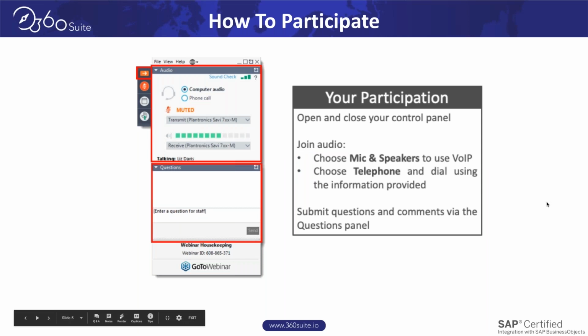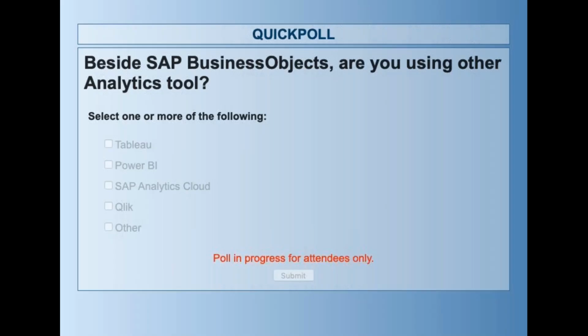Just to get started, I want to bring up a quick poll to level set the audience. Besides SAP Business Objects, what other analytic tools are you using in your landscape? I'm going to hold this open for a few seconds. We're getting good engagement. Excellent.